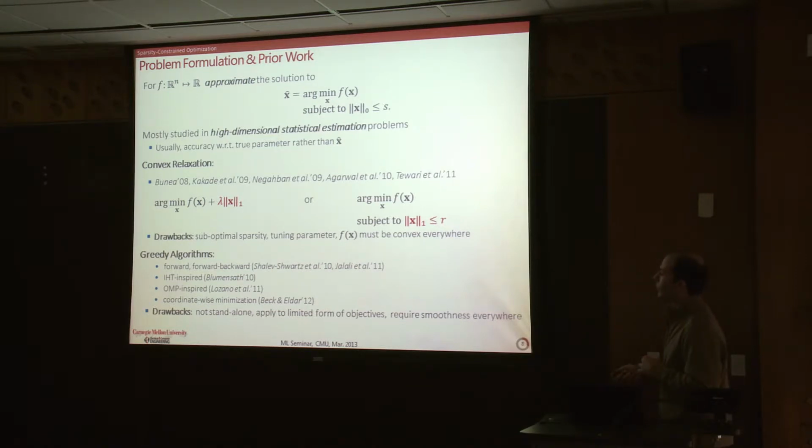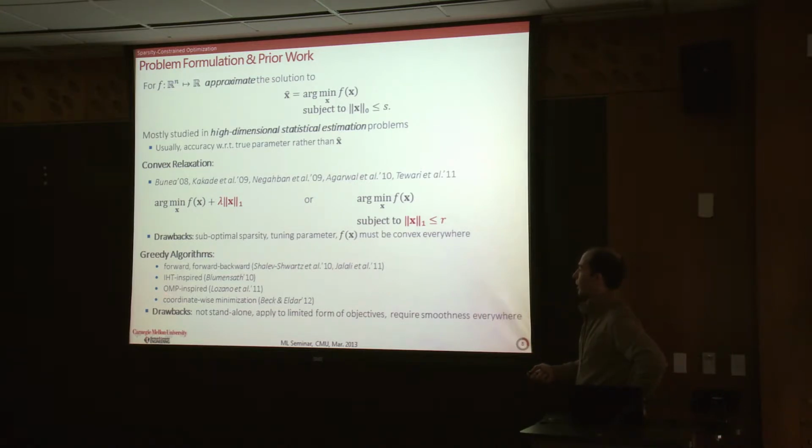There are also a few greedy algorithms proposed: forward type algorithms, forward-backward type algorithms, and an algorithm inspired by iterative hard thresholding, which generalizes compressed sensing in the sense that instead of assuming a linear operator on your signal, you assume a general nonlinear operator.